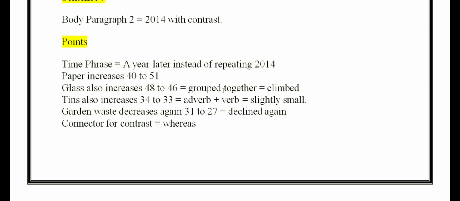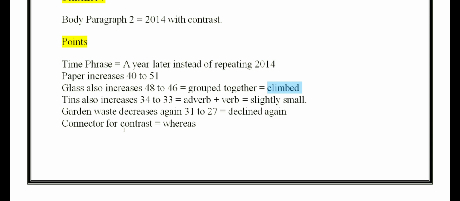So we are grouping them together, so we use the word climbed. Tins also increase from 34 to 33, so we use an adverb that it is slightly small. Garden waste decreases again from 31 to 27. So it is a decline again.